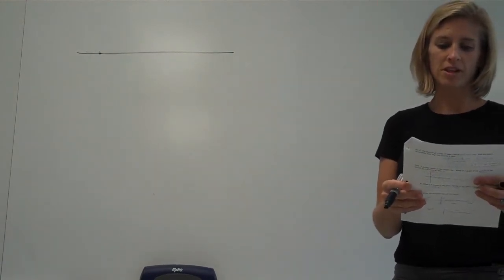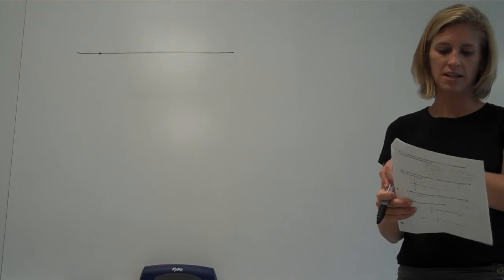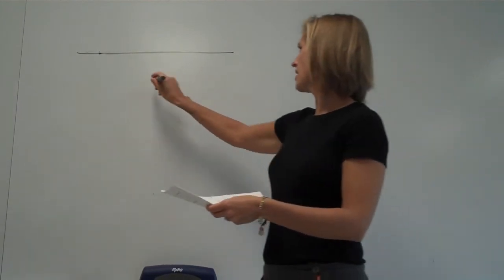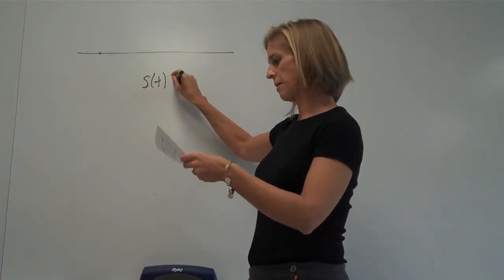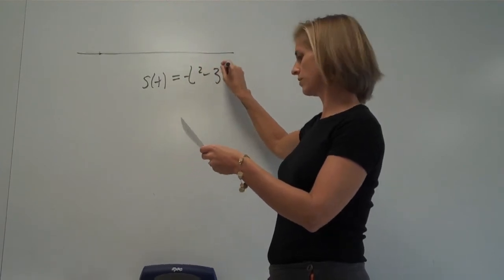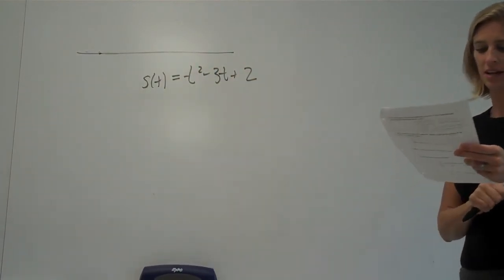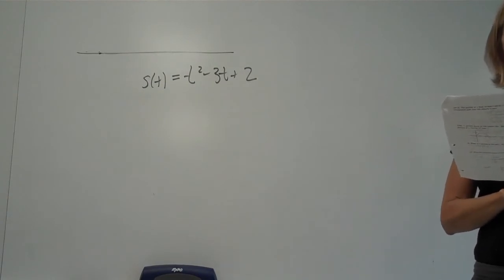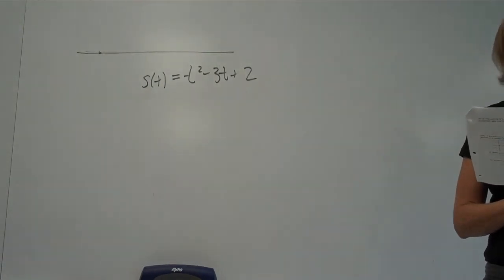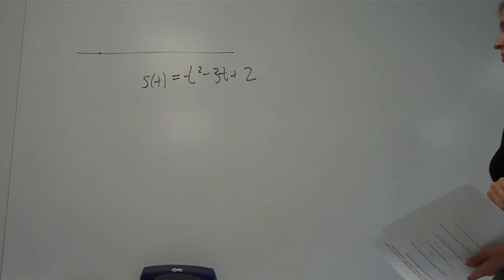You don't have a height this time. So its position at any time t is given by s of t equals t squared minus 3t plus 2, where s is measured in meters and t is measured in seconds. Sometimes they'll tell us where we're starting, and sometimes they won't.